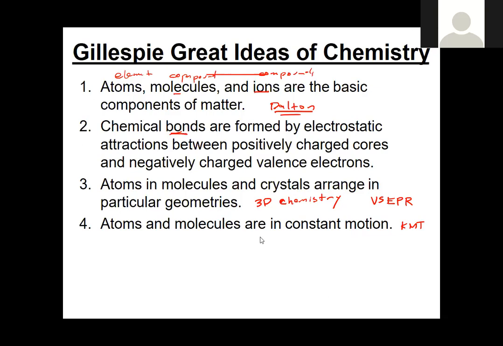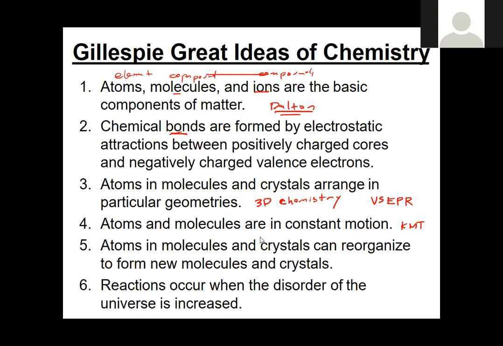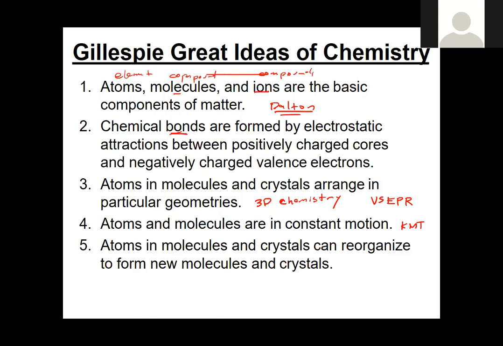Okay. Now, the next idea that we have here, atoms in molecules and crystals can reorganize to form new molecules and crystals. So this just pertains to what? Chemical reactions.